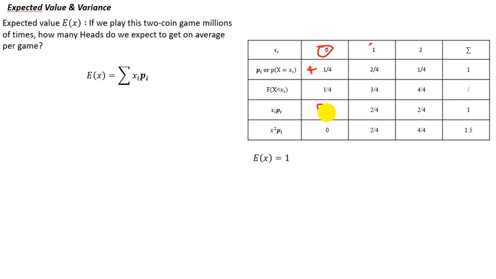Then for the second value, the probability of getting a 1 is 2/4, so we multiply this value by its probability and get 2/4. Then finally the last value is 2 and its probability is 1/4, so it is 2 times 1/4.